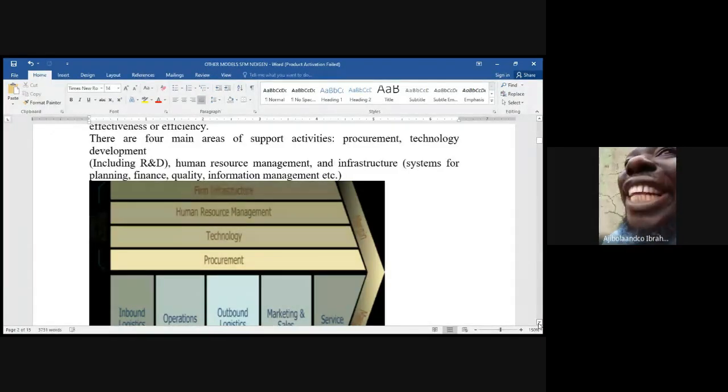So each entity will know what creates value for it. They can choose from the primary activities or from the secondary activities. As a result of that, they are going to make their own value.